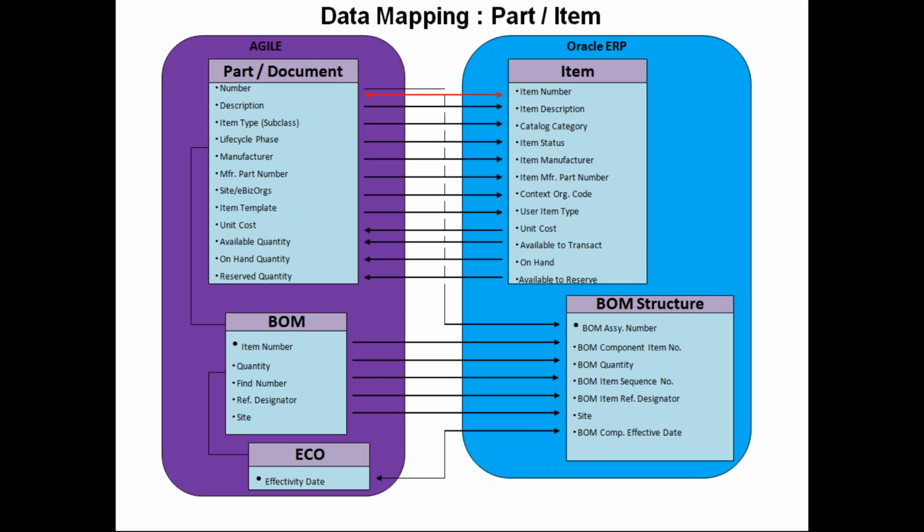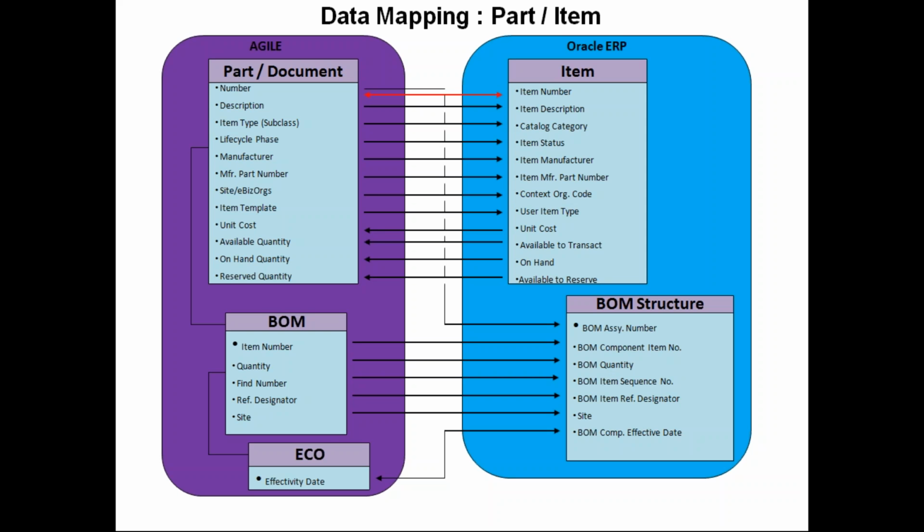That assembly number is typically going to come in the Oracle ERP system from the Agile part document record, interestingly enough, whereas in the Agile bill of materials, the item number is actually what the Oracle ERP system would regard as the bill of materials component item number. So you want to keep that straight in terms of the data mapping that you're doing.